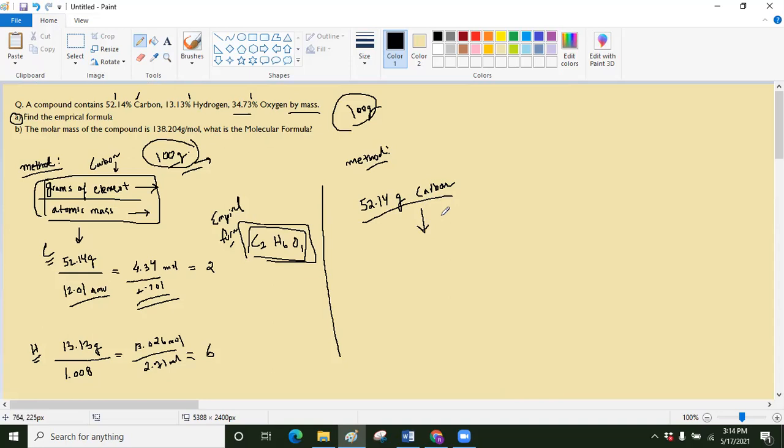And now you want to figure out how many atoms, in terms of moles.